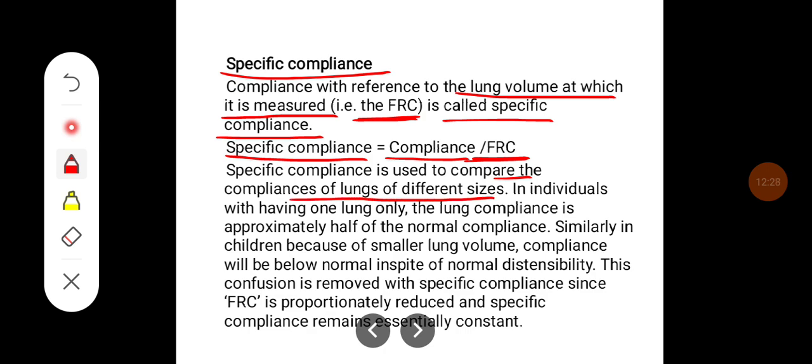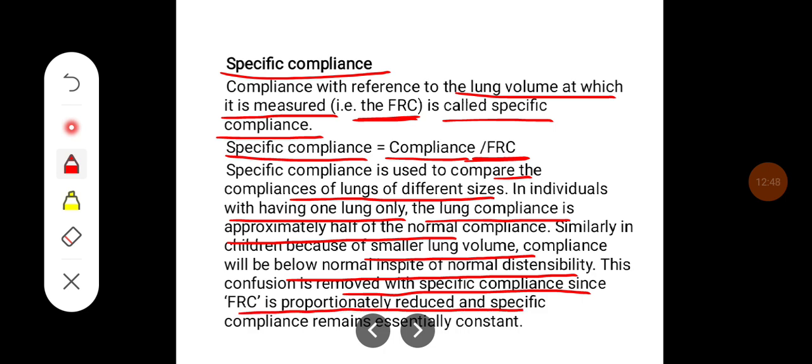In individuals having only one lung, the lung compliance is approximately half of the normal compliance. Similarly, in children, because of the smaller lung volume, compliance will be below normal in spite of normal distensibility. This confusion is removed with specific compliance, since FRC is proportionately reduced and specific compliance remains essentially constant.